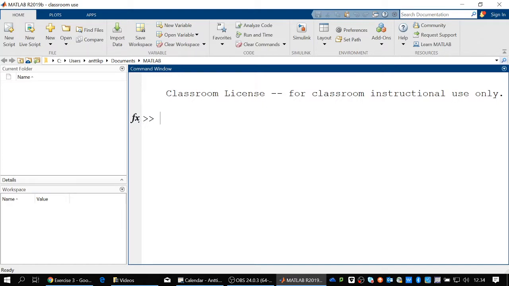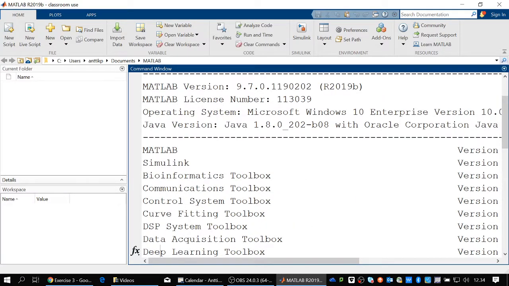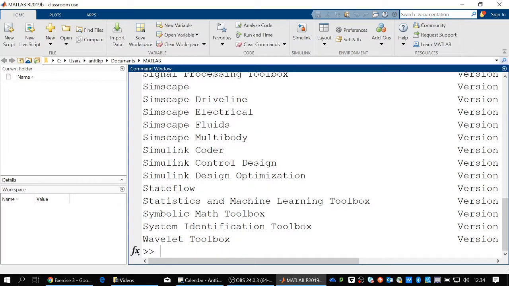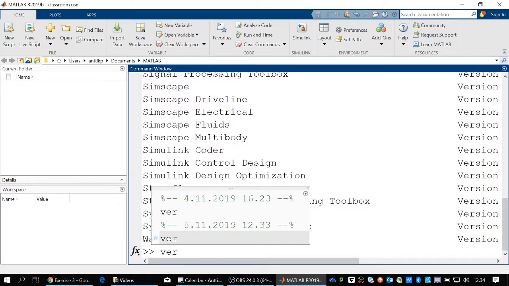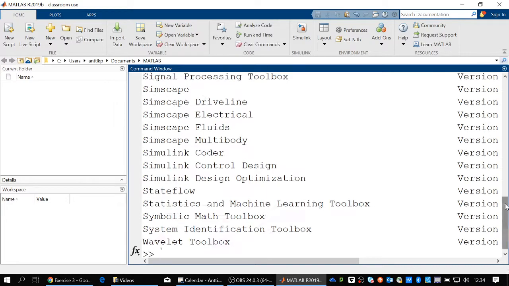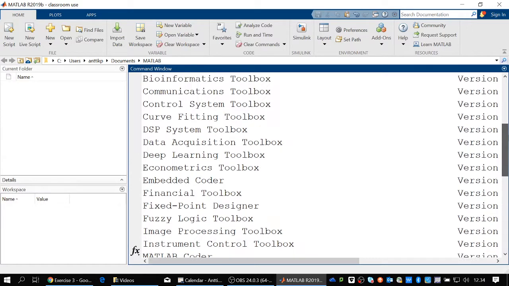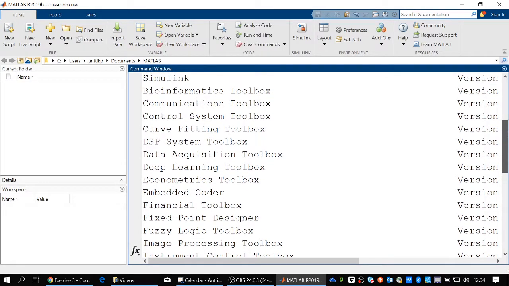Okay, so it has more stuff than Octave, including lots of toolboxes. And typing ver gives you what toolboxes are there. The most important toolboxes are the DSP System Toolbox, the Signal Processing Toolbox, and then what was the something else?